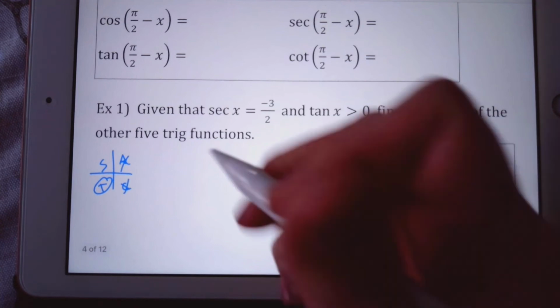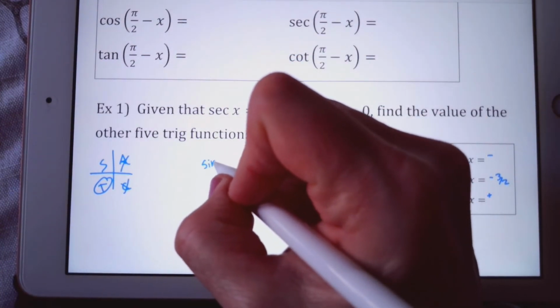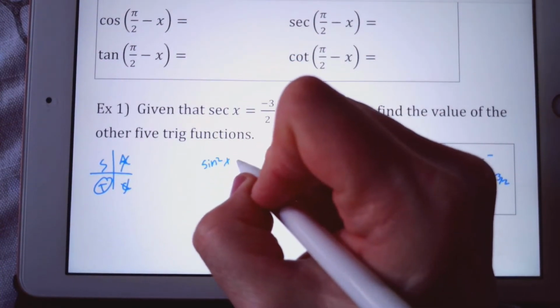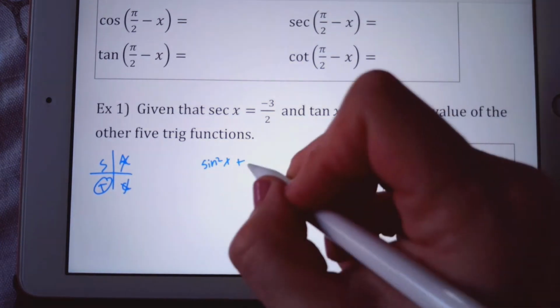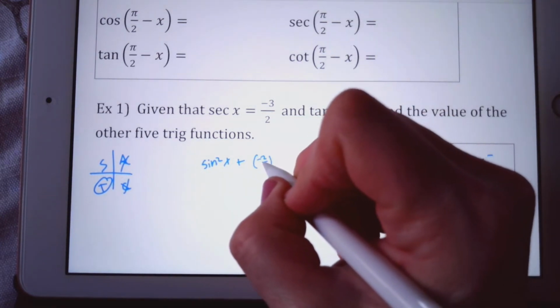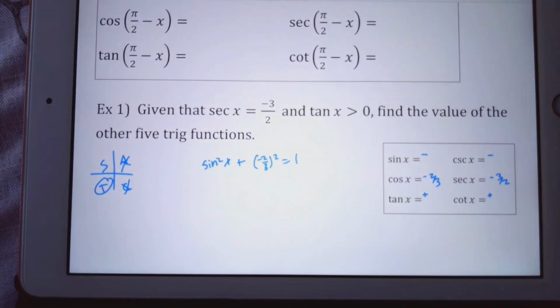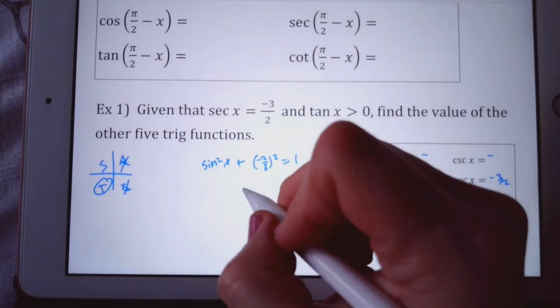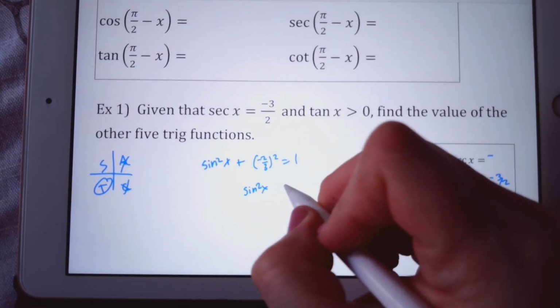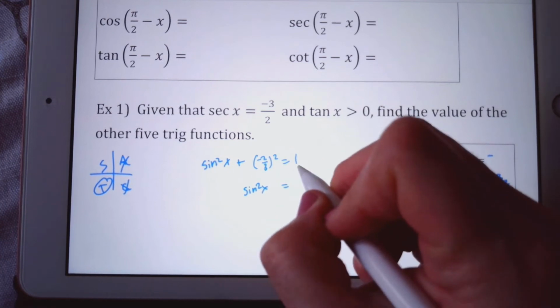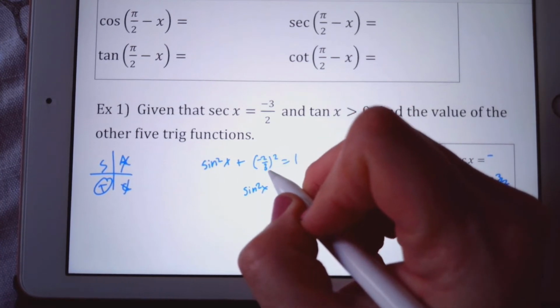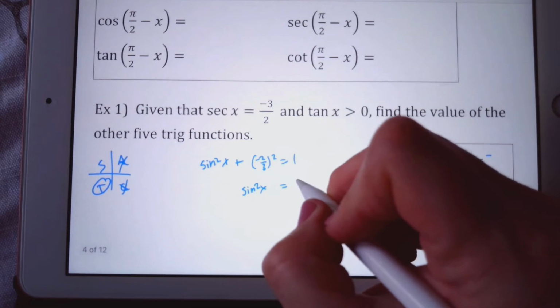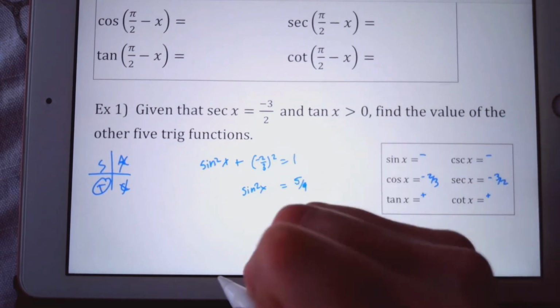So I have sine squared x plus cosine squared, I know the cosine is -2/3, so (-2/3) squared equals 1. So I fill that in and then we work it out. Sine squared is 1 take away 4/9, because if I square -2/3, I get 4/9. So 1 minus 4/9 is 5/9. Let's do the square root.